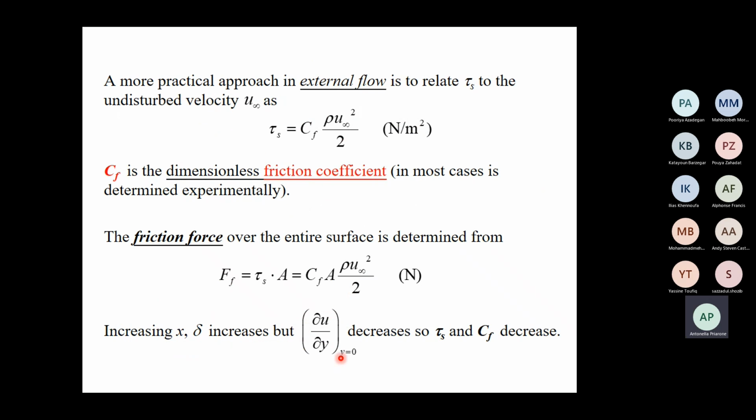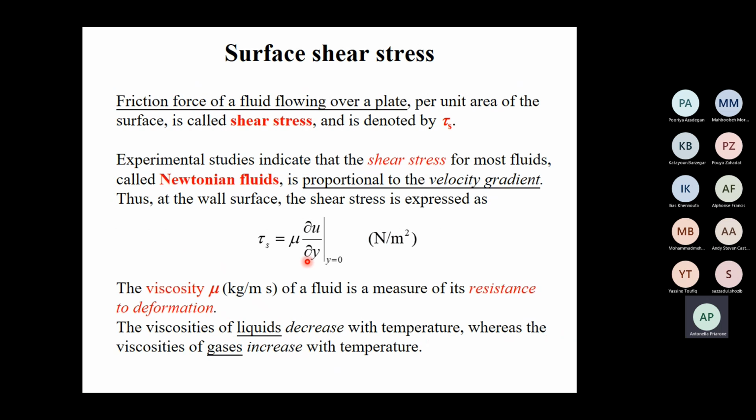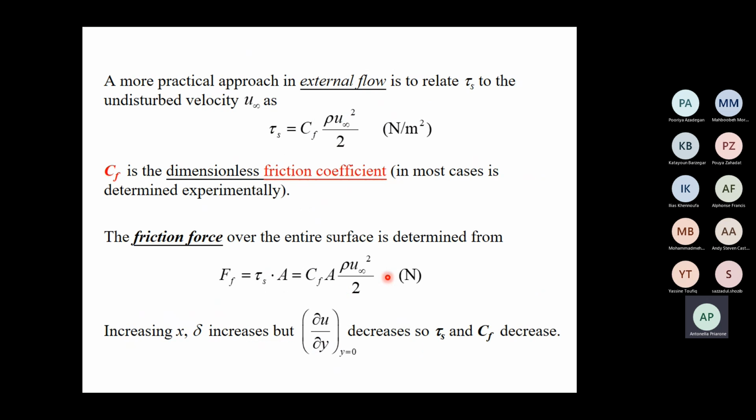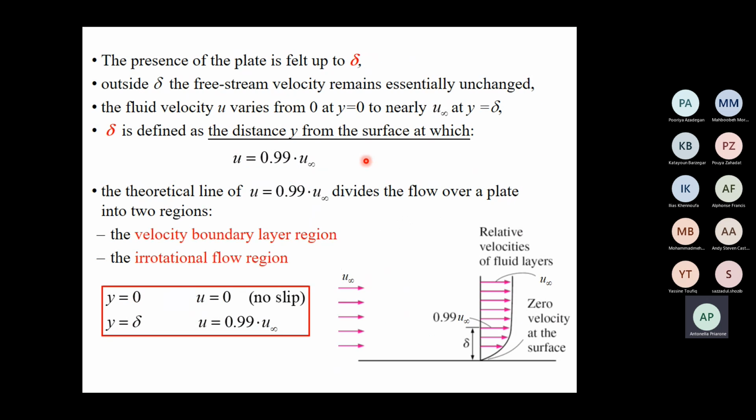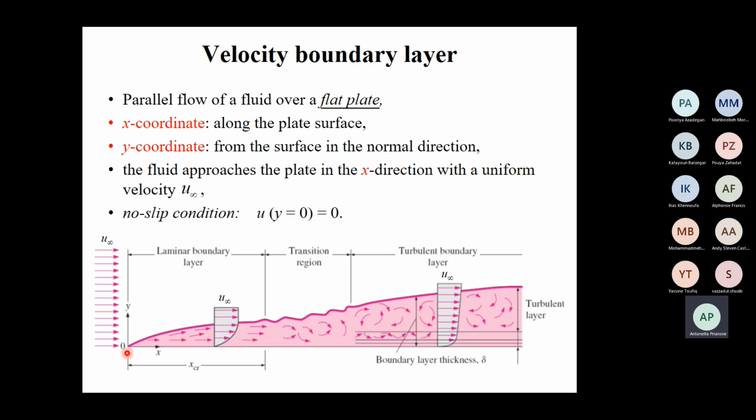If this gradient decreases, also the shear stress decreases, because the shear stress is proportional to this gradient, and so also CF. That means that if I move on my plate from the beginning, the friction decreases, the surface stress decreases, and so the friction force decreases along my motion over the plate. Is it clear for all of you?